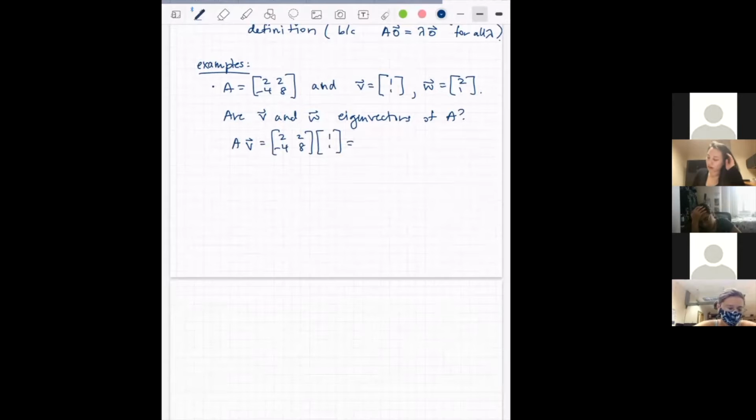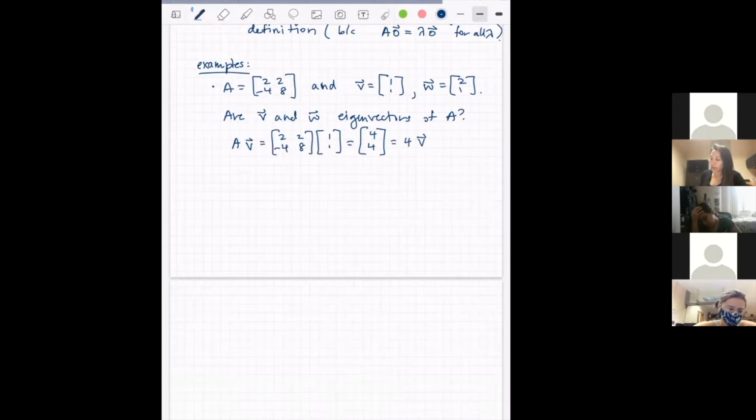If we do that, we get 2 plus 2 for the first entry, and then minus 4 plus 8, which is 4. And that is equal to 4 times V, because our V is just (1, 1).